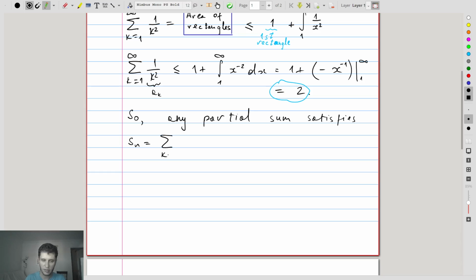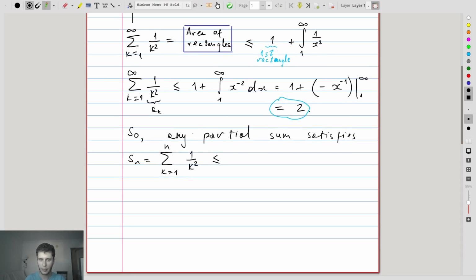For example, it's the sum from k equals 1 to n of 1 over k squared. It is at most the infinite sum, right? If we take a bigger sum, of course we get a bigger value because all the a_k are positive. But this is at most 2.